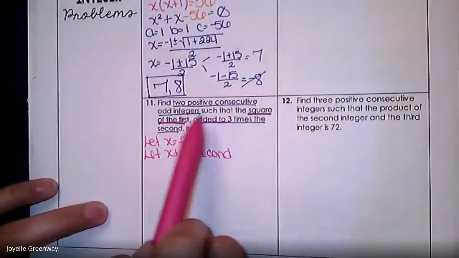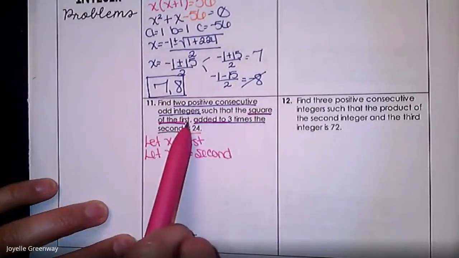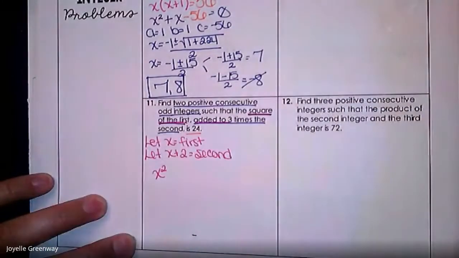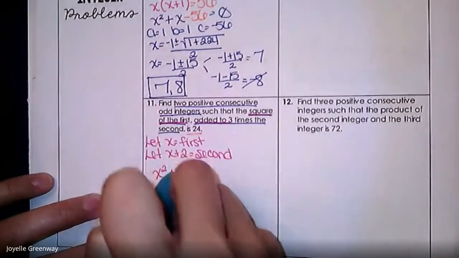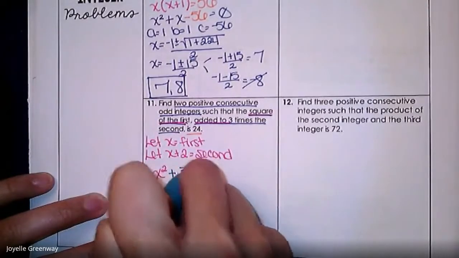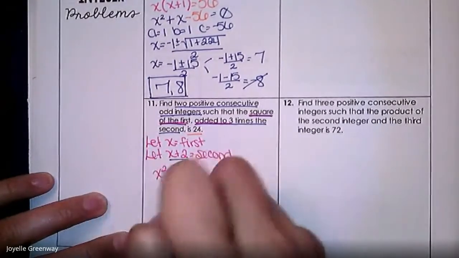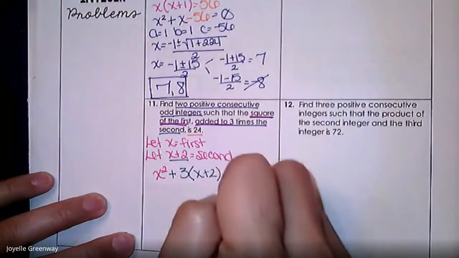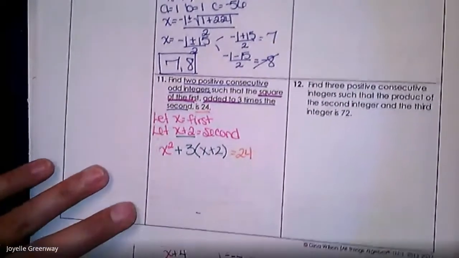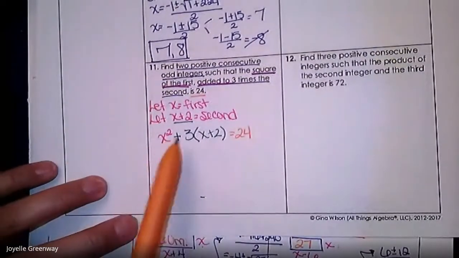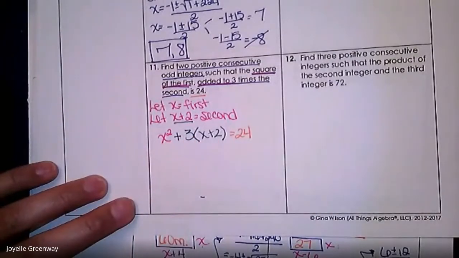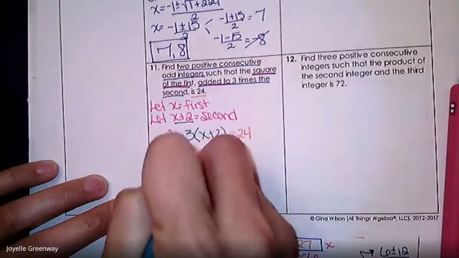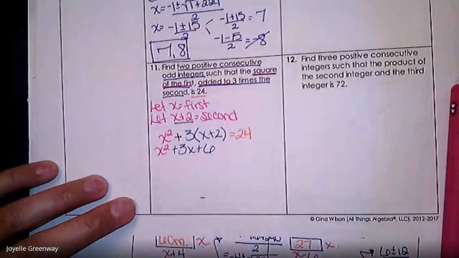So, such that the square of the first, so x squared, added to 3 times the second is 24. Okay? So then I can distribute my 3. So I get x squared plus 3x plus 6 equals 24.